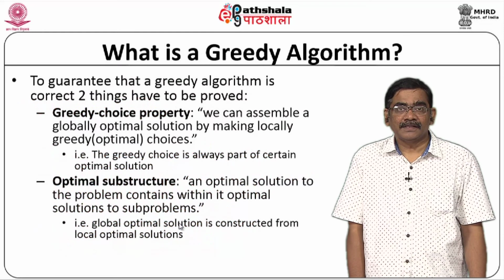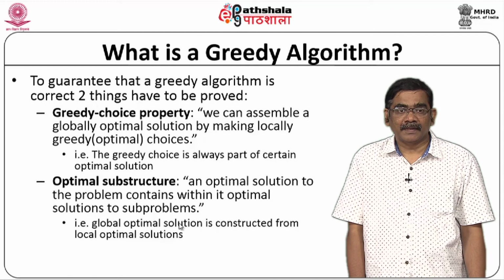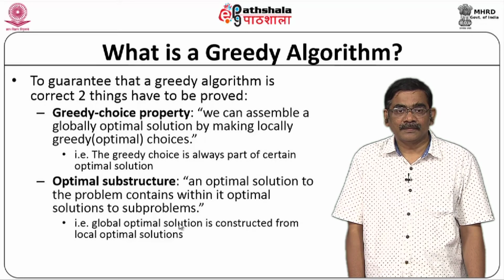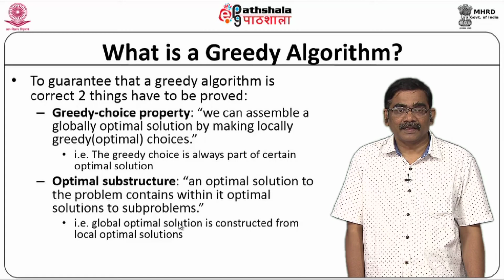In other words, a greedy algorithm should satisfy two properties: the greedy choice property and optimal substructure. The greedy choice property says that a greedy choice is always part of a certain optimal solution.